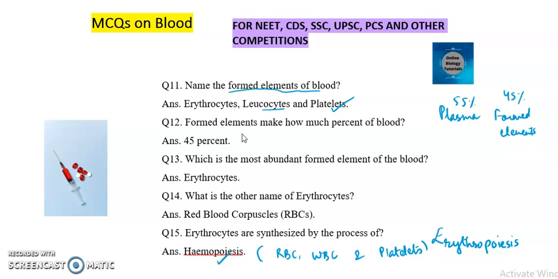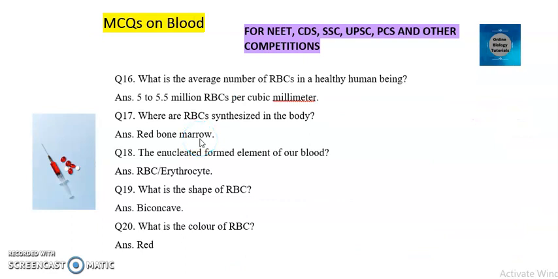If both of these terms come, hemopoiesis and erythropoiesis, then you are going to pick erythropoiesis because in this the synthesis of only erythrocytes takes place, whereas in hemopoiesis we talk about the synthesis of all the formed elements.